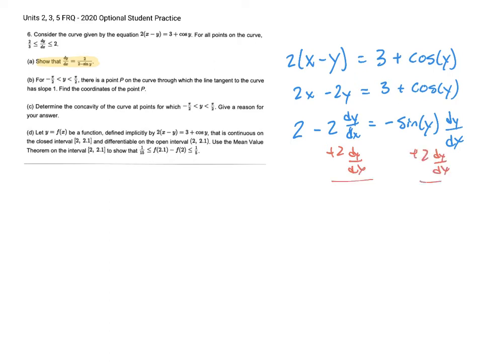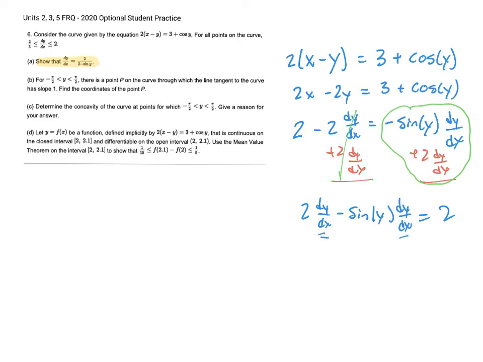If I do that and then pull the old switcheroo, I think you'll agree that I get 2 dy over dx minus sine y dy over dx equals 2, right? Just to show you what happened here. These canceled, so here's my 2. And here on this side, these are like terms, so what I'm going to do is collect them, but I just wanted you to agree that I did that okay.